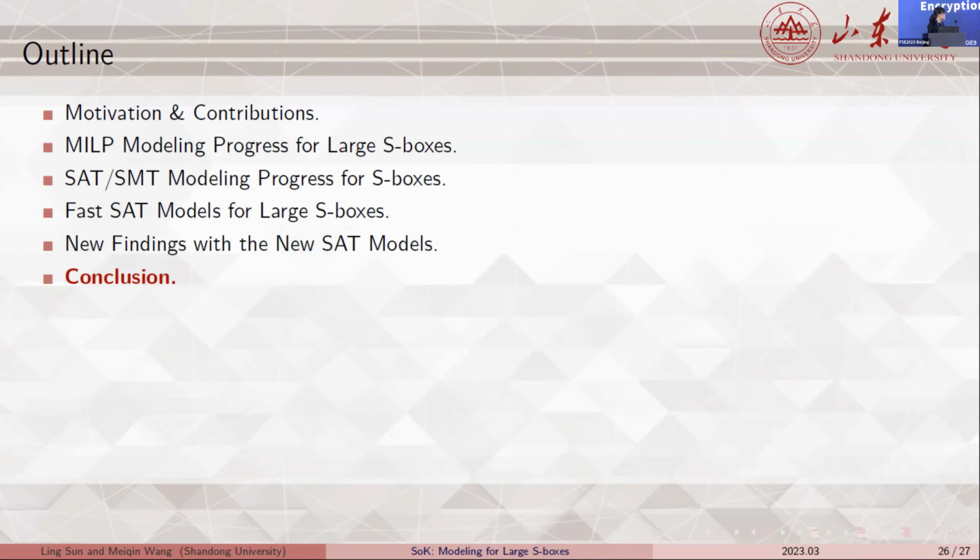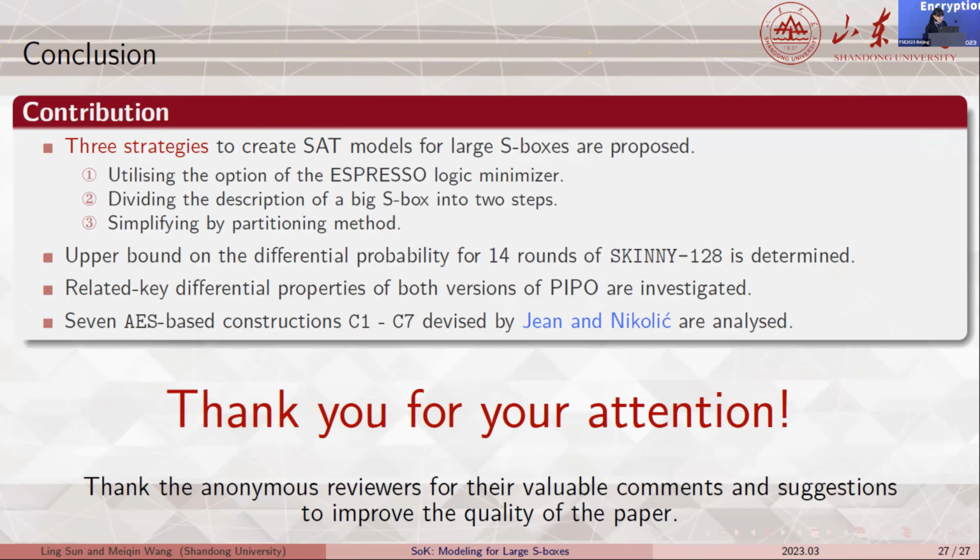So, a brief conclusion. In this work, we propose 3 strategies to create set models for large S-boxes. With these models, we have several new findings. Note that this part is not shown in the presentation, and details can be found in the paper. So that's all for the presentation. Thank you for your attention.